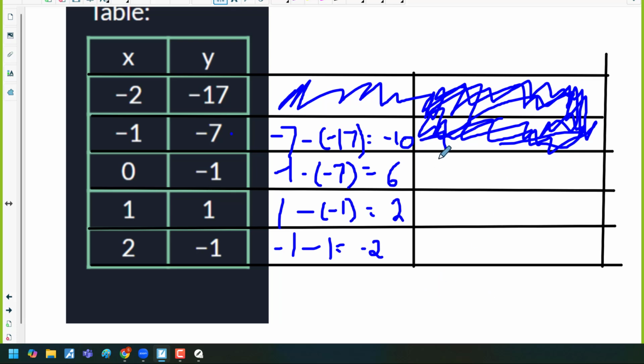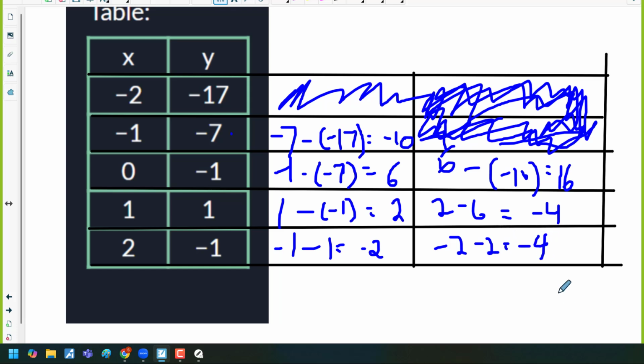Now, for the second differences, we're going to do 6 minus 10, which is 6 plus 10, which is 16. 2 minus 6, which is negative 4. And negative 2 minus 2, which is negative 4.